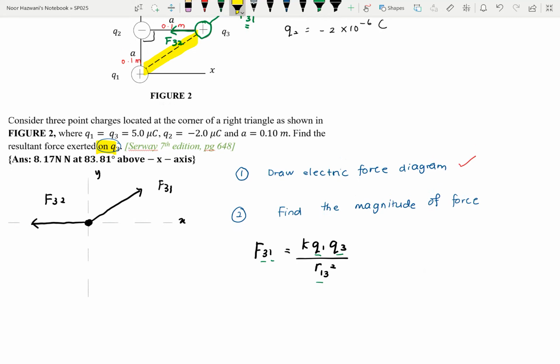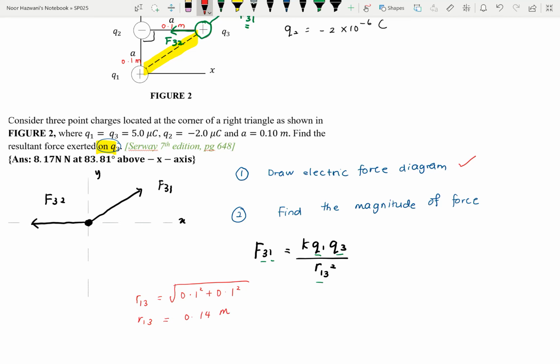So, apa yang kita boleh buat, kita cari dulu nilai je. Okay, so kita cari R13, okay, kita akan guna theorem Pythagoras, square roots of 0.1 squared plus 0.1 squared, okay, and it would be equal to 0.14 meter.